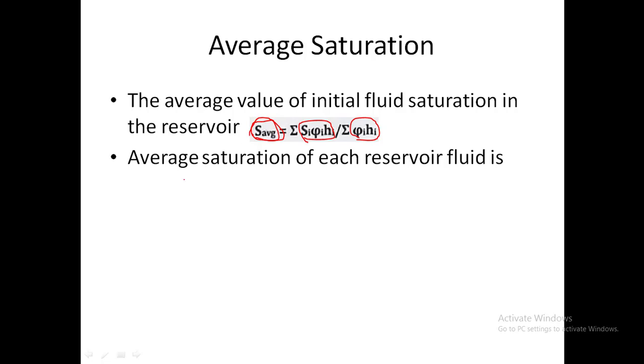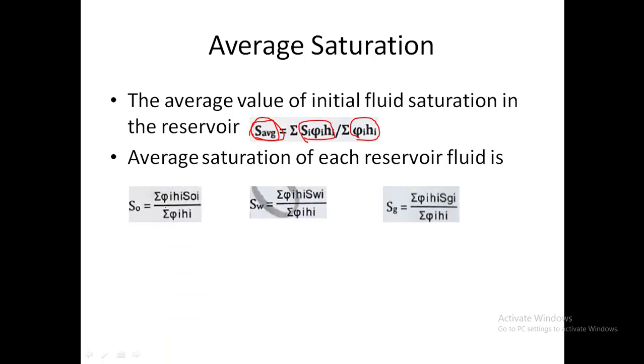Then if you want to see for each reservoir fluid, then over here, if you want to calculate average oil saturation, this is the formula you have to use: summation of porosity into height into oil saturation, divided by summation of porosity into height. It will be the same for the remaining fluids, as you can see over here in the formulas.